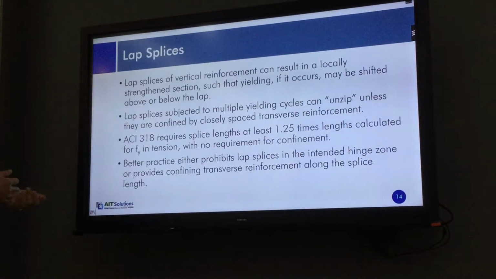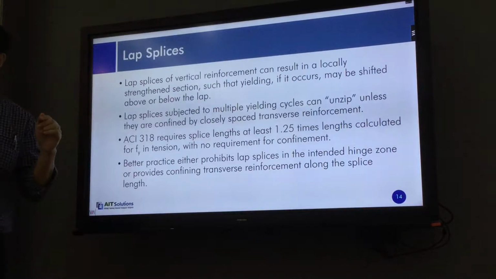Another one is the lap splice failure. We confine the concrete based on the bending moment diagram, and for example, at the base we design the shear wall bending moment capacity just to satisfy the demand forces, and we provide the reinforcement.